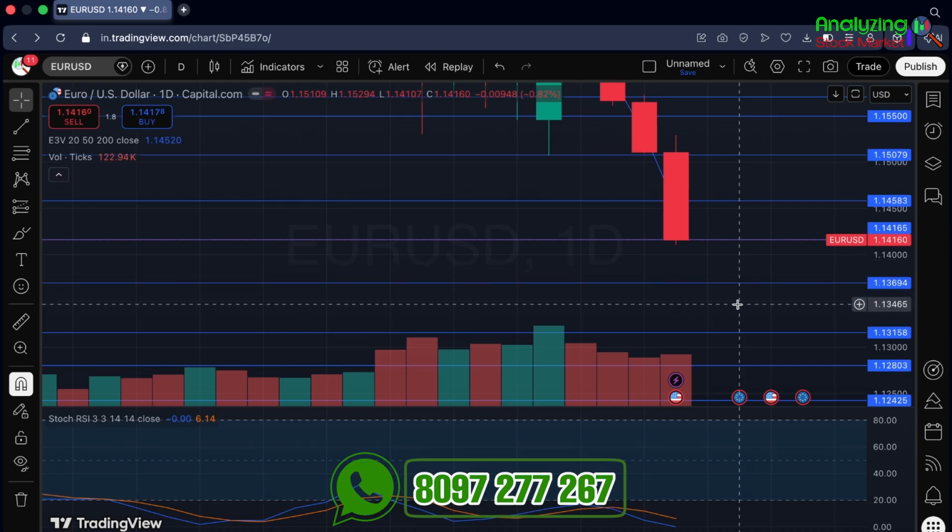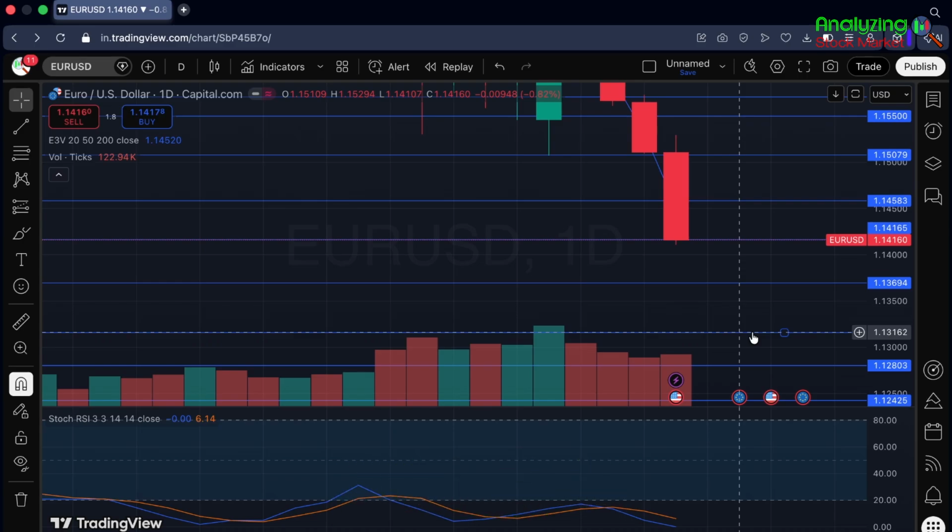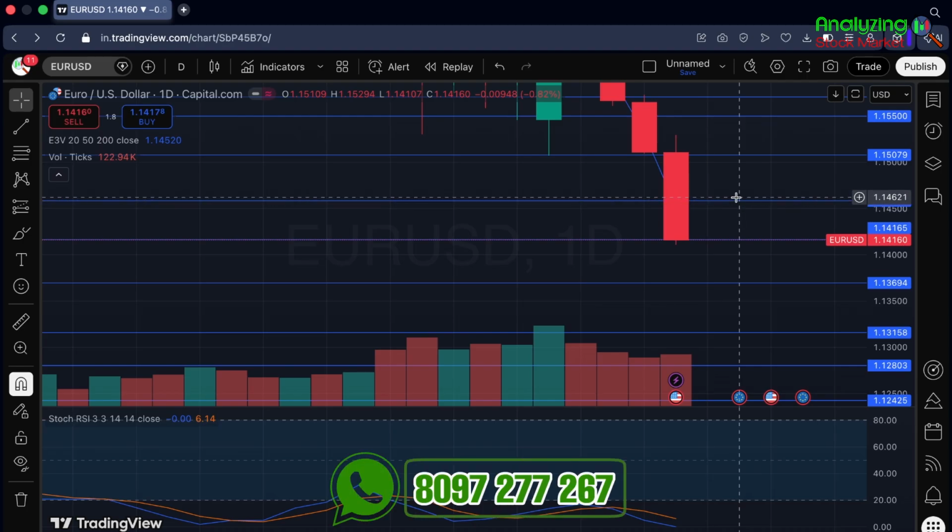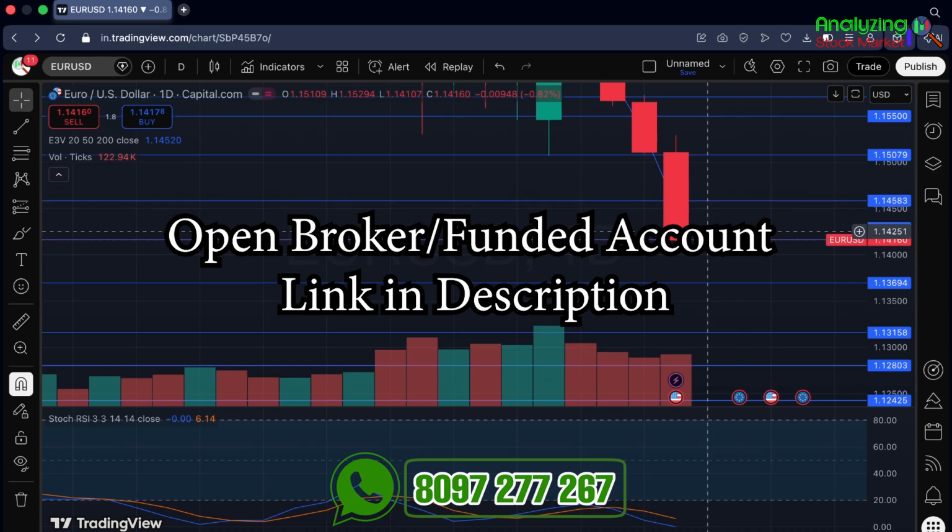Then and only then will we go for a short trade till the next support level. But if there is a gap up opening, a slight gap up opening or a sideways opening, we will only go for a trade once 1.14165 is breached and a 4-hour or one-day candle closes above it. Then we can go for a long till the next resistance level. If that level also gets breached, you can go for a long till the next level as well. Overall, my expectation is a bit positive in this range.